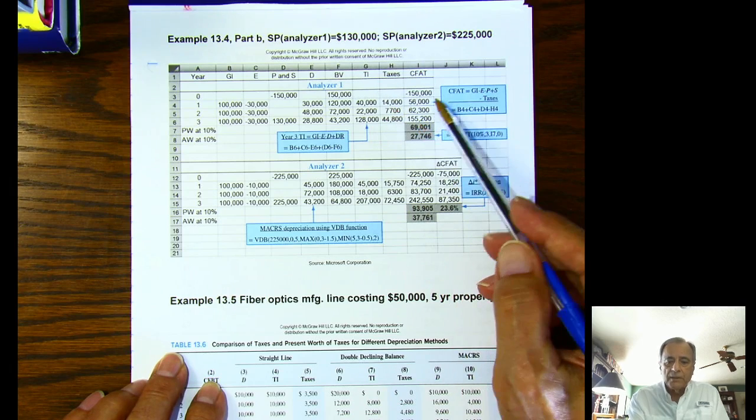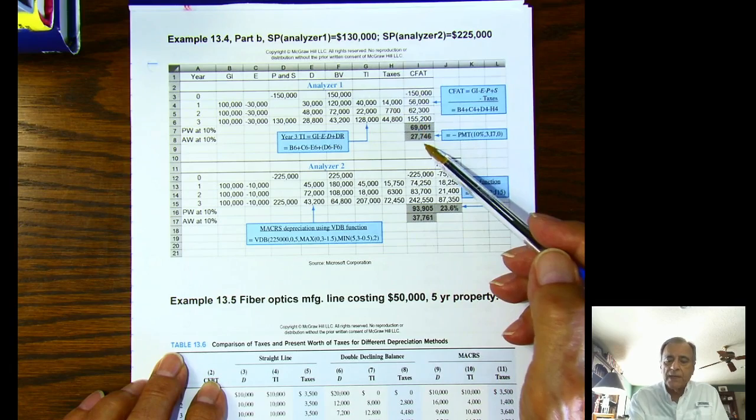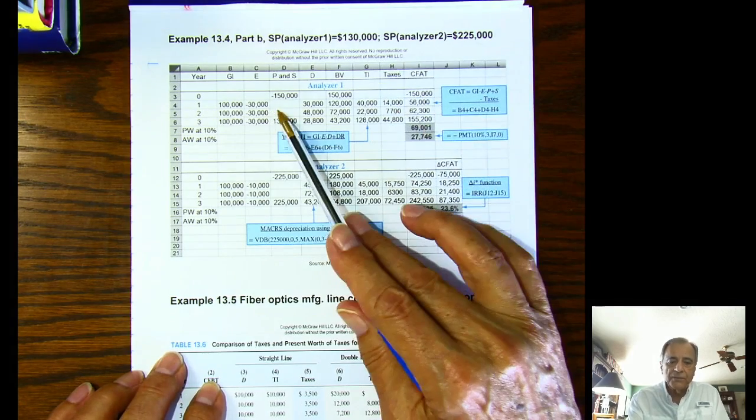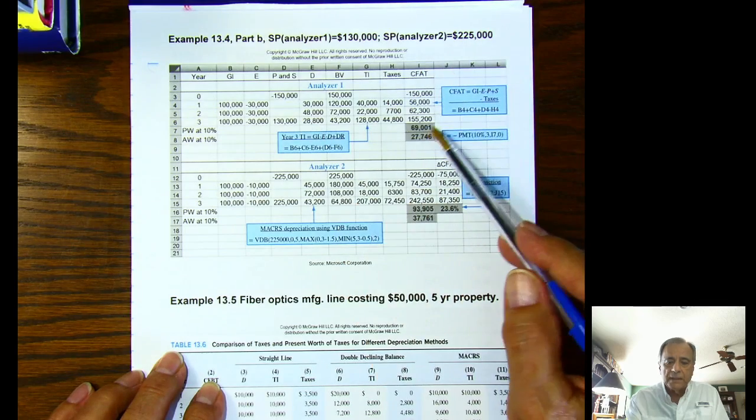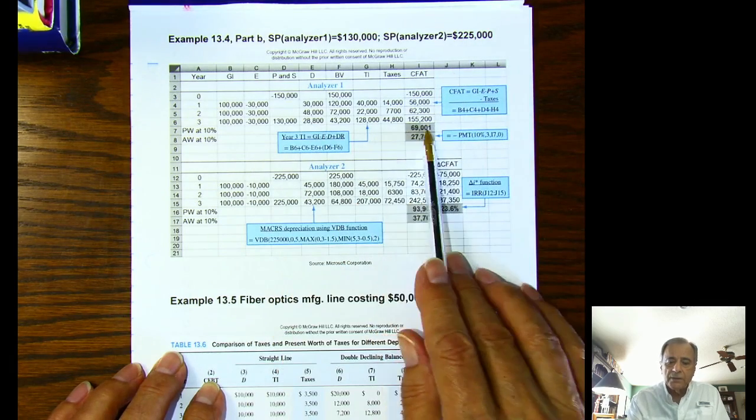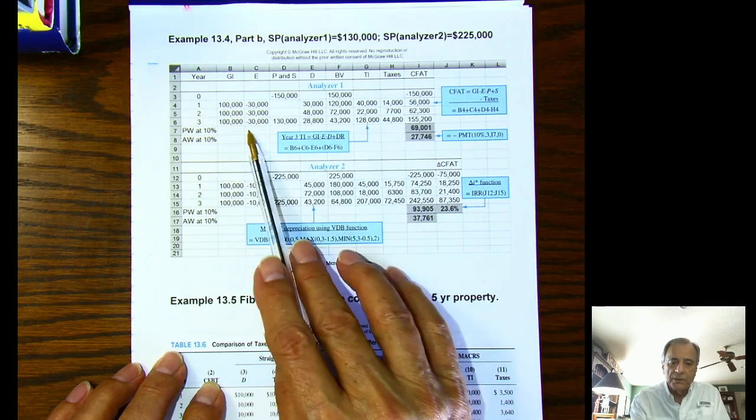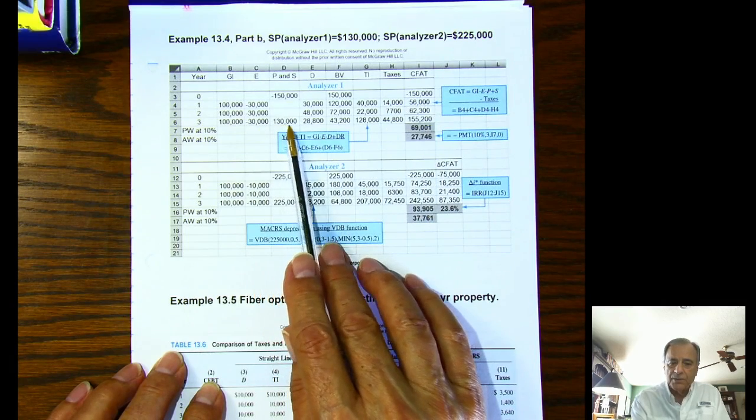Okay, and so this is the cash flow after taxes, minus $150,000 in year 1, and then in year 3, well, you also have this as income, so that's nice.